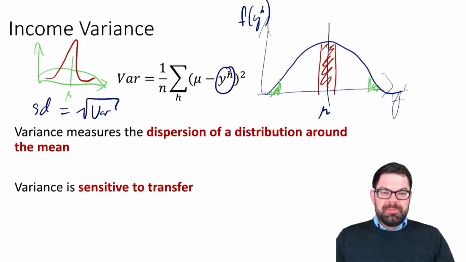The big problem with variance as a measure for income inequality is, I see two problems. One is that we don't have a feeling for it. It's not that the variance is bounded between any two values.